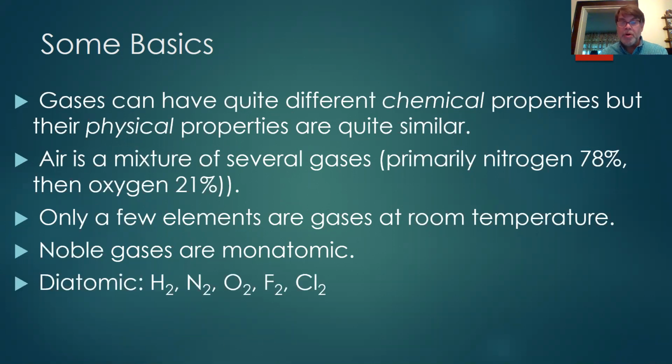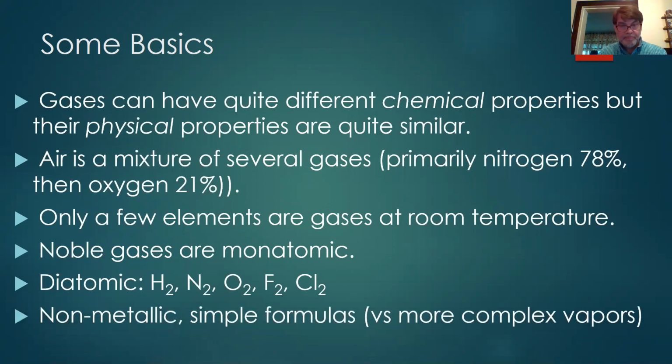There are a few diatomic gases at room temperature: hydrogen, nitrogen, oxygen, fluorine, and chlorine. These are diatomic gas molecules at room temperature. You'll notice there are no metallic gases here, and most of them are simple.